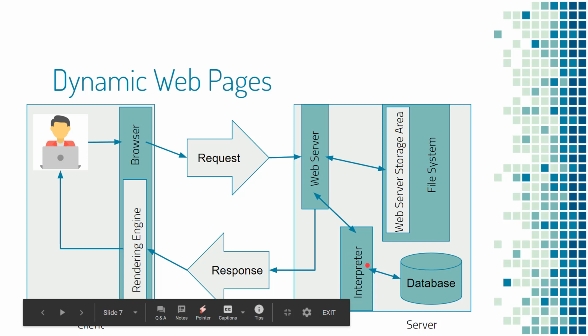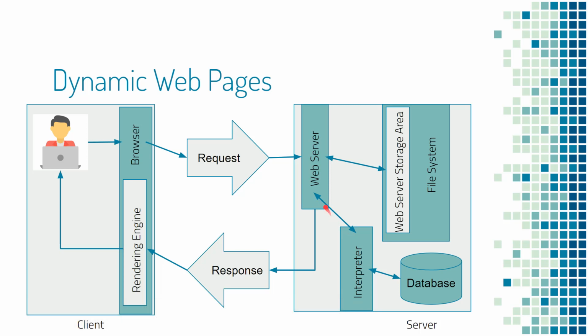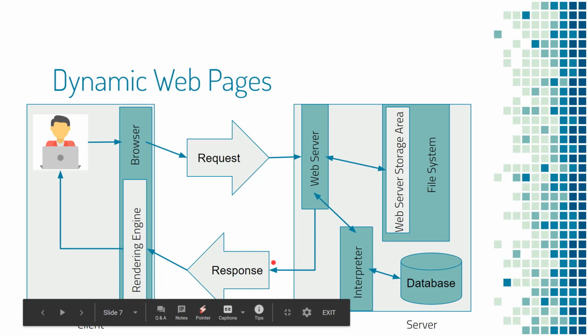If the file has access to the database, it goes to the database, fetches the information, and compiles all this data together. The output of this interpretation is just client-side technologies, and it is sent back to the web server, which sends it back as a response.